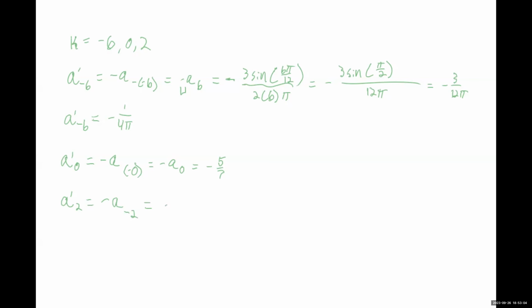So we're going to get -3 sine of -2 pi over 12 divided by 2 times -2 pi.